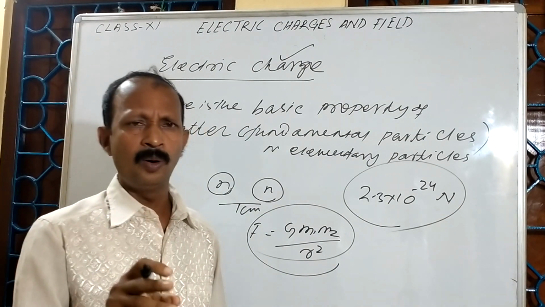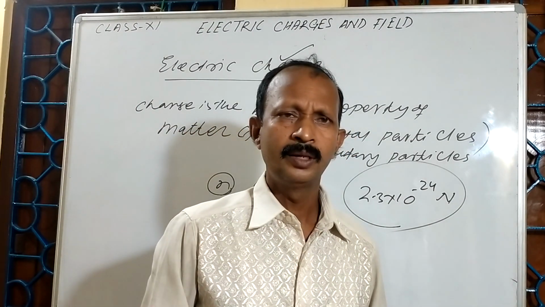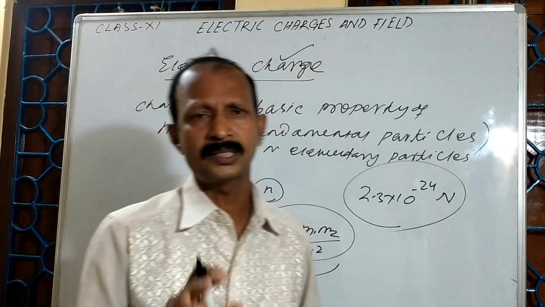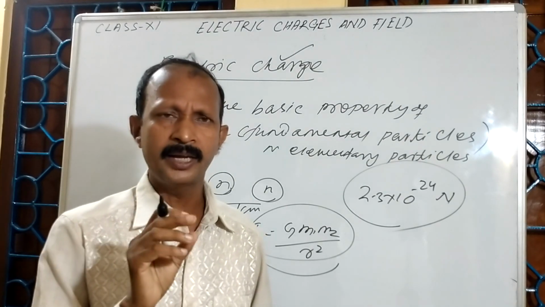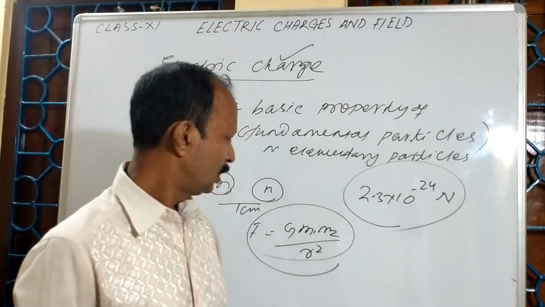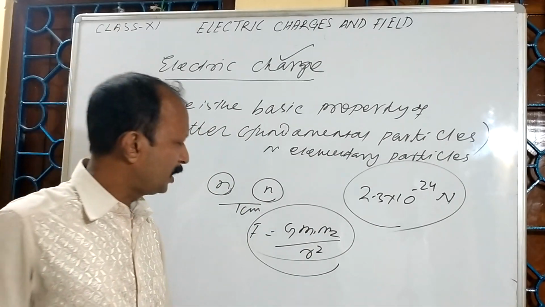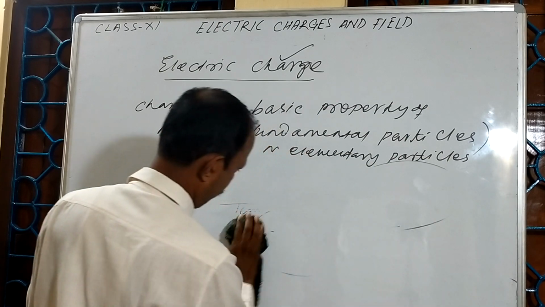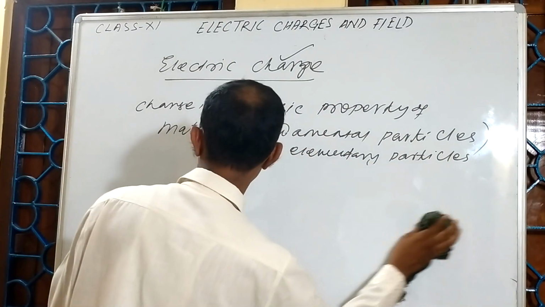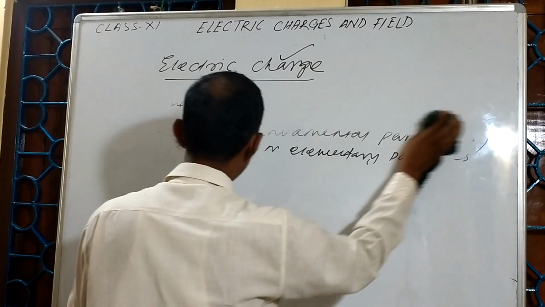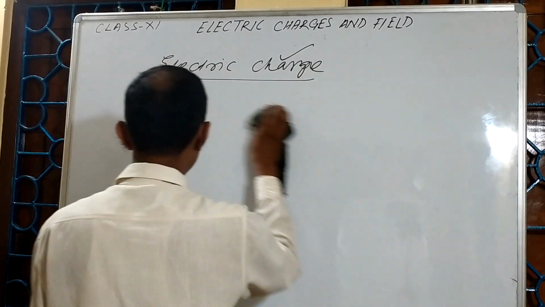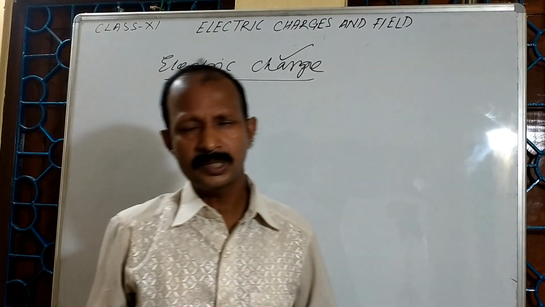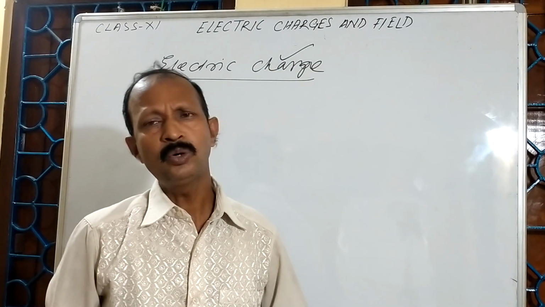Only the attractive force, that force is due to gravitational force. Since it has mass, definitely there will be a gravitational force. So one thing we confirm: electrons have charge, protons have charge, whereas neutrons have no charge.